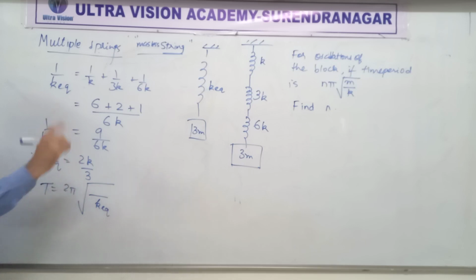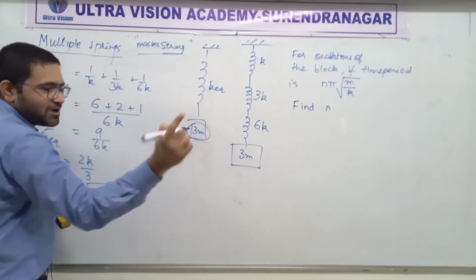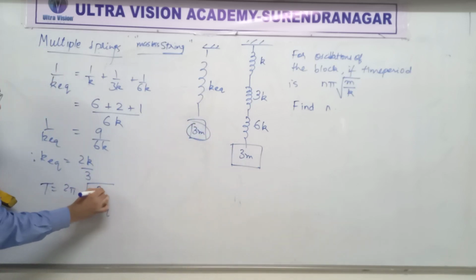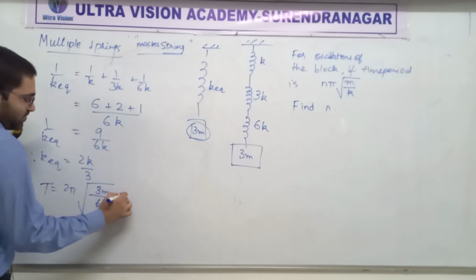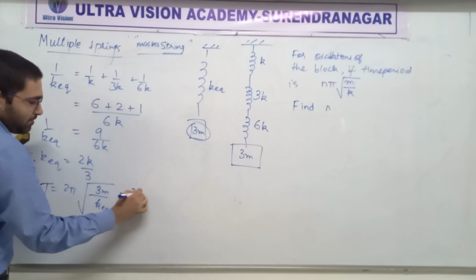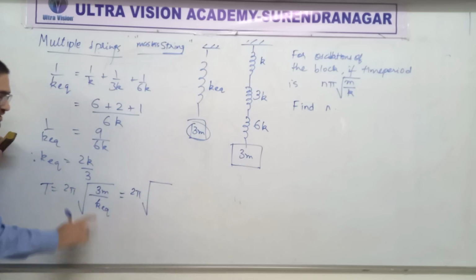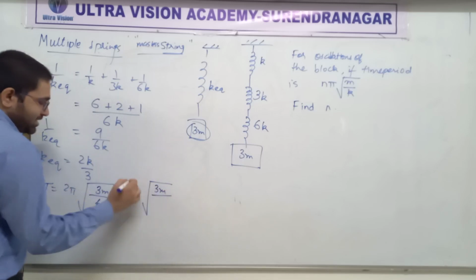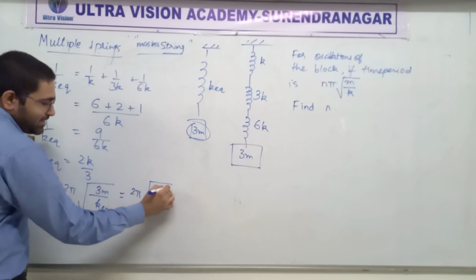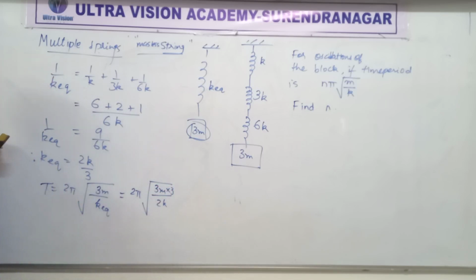But be careful, mass is not m, mass is 3m. Understood everyone? Watch the diagrams or read the questions carefully always. So this is 2 pi under root 3m upon K equivalent, so 3m upon K equivalent means 2K here and into 3 multiplied over here. Is it fine?